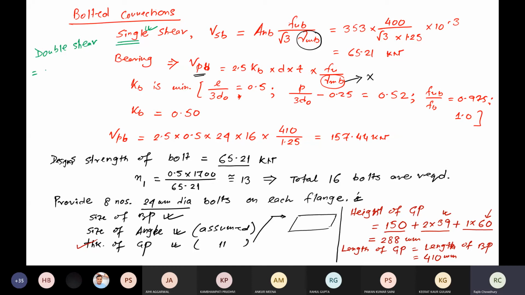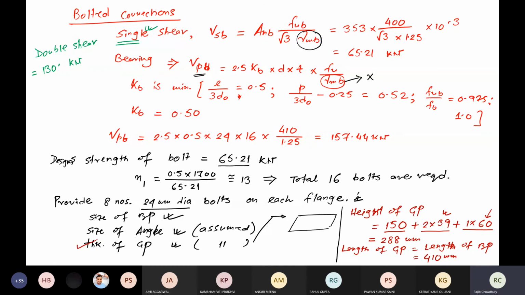In the code it has been given already, so 130 point something would be there, let's say 130 kilonewton.